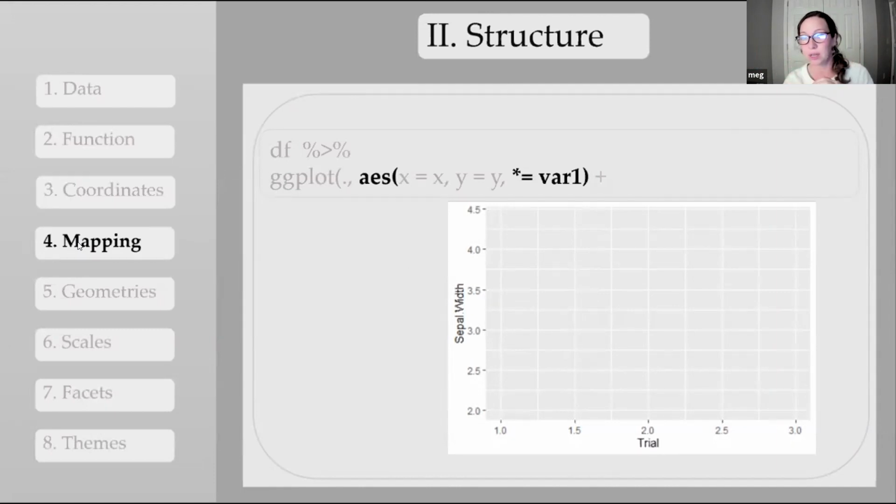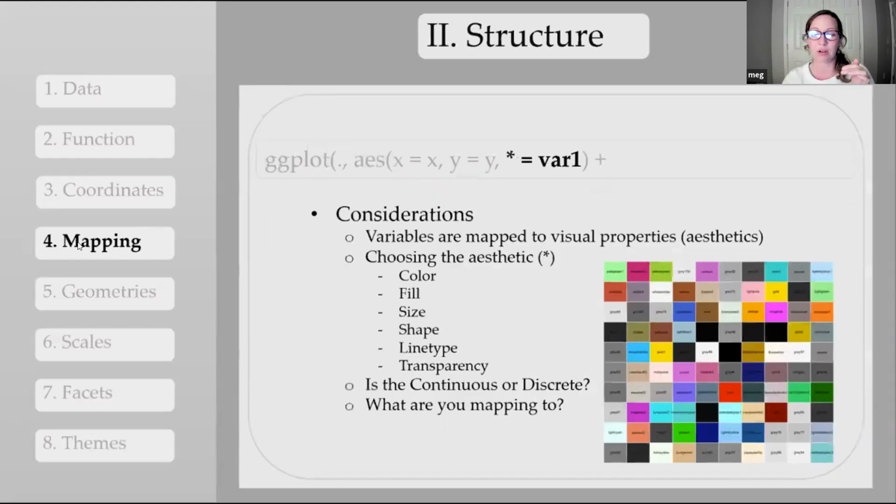That's what it's called. But basically, you want to add another layer of understanding to your data. You want the viewer to be able to not only see the X and the Y relationship, but you also want the reader to see its X and Y, but also these colors.